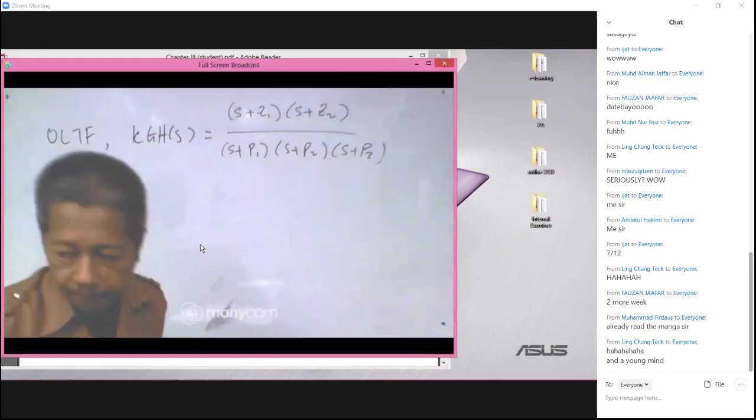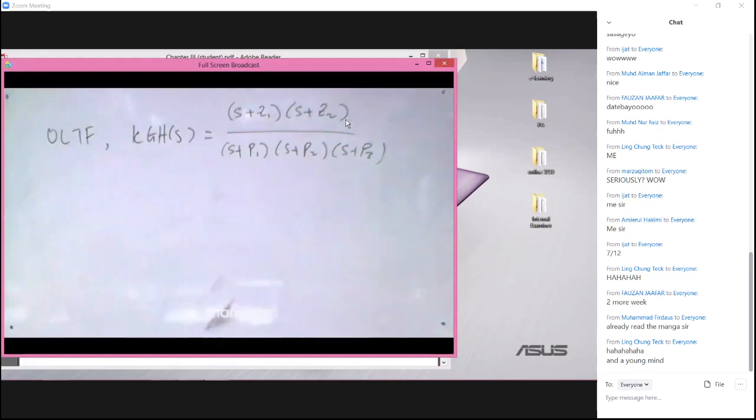Okay, now imagine this is our open loop transfer function in the form of a numerator and denominator. The zeros are the values of s that will make the numerator equal 0.